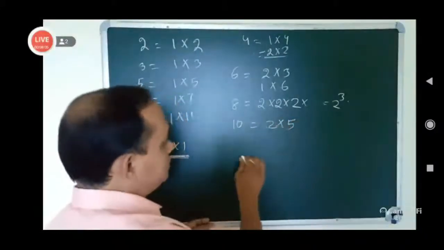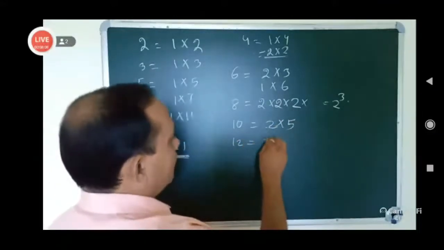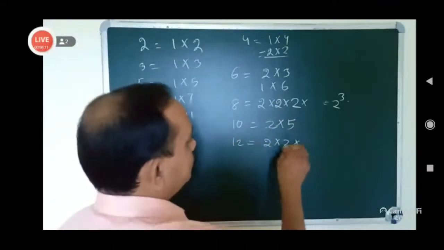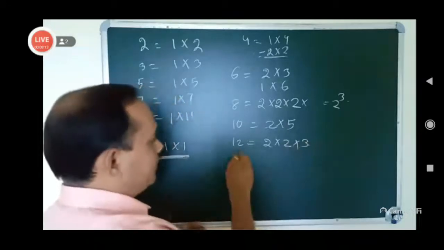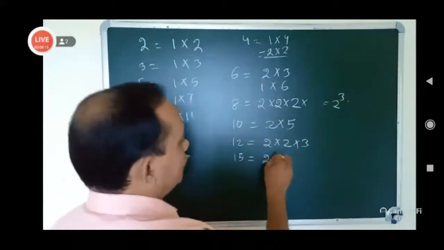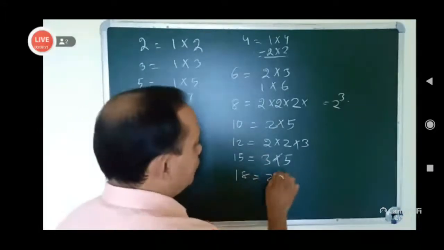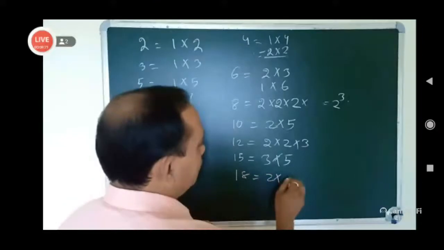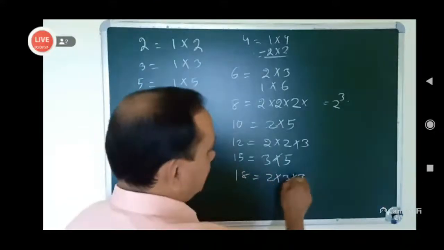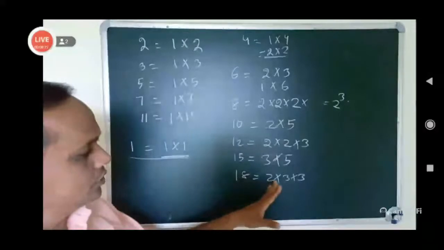This is the prime factorization. 12 equals 2 into 2 into 3. 15 equals 3 into 5. 18 equals 2 into 3 into 3, since 2 times 3 is 6, and 6 times 3 is 18.